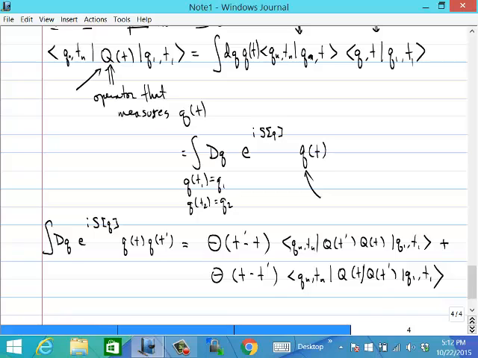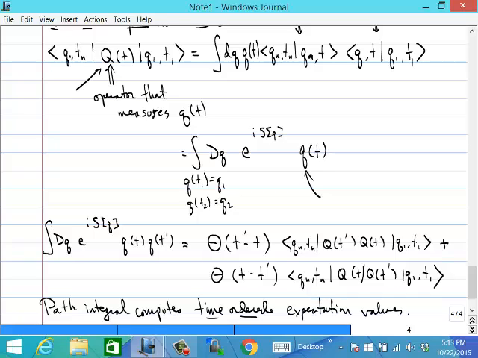In particular, what you see here is that the thing that the path integral computes are time-ordered expectation values. In these expressions here, the earlier times always appear on the right.